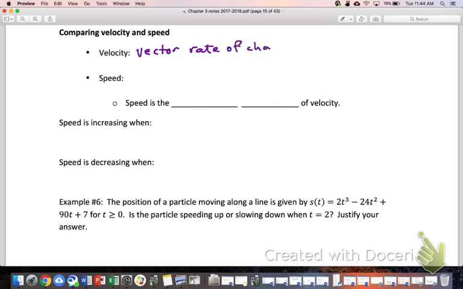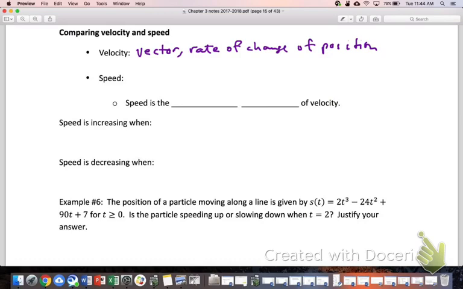It's like the change of position per units of time. So it's a vector, and it's the rate of change of position. There we go. We could fill out a little bit more there, but that's good enough for the moment.